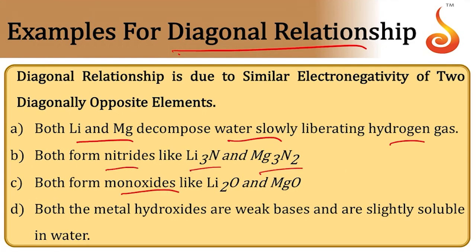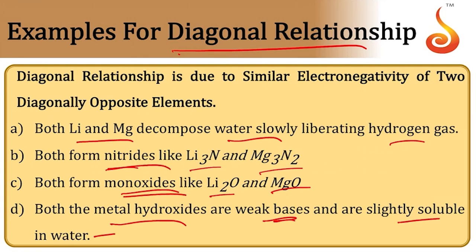Both form nitrides, lithium nitride and magnesium nitride. Both form oxides, normal oxides, lithium oxide and magnesium oxide. Both metal hydroxides are weak bases, and they are slightly soluble in water.